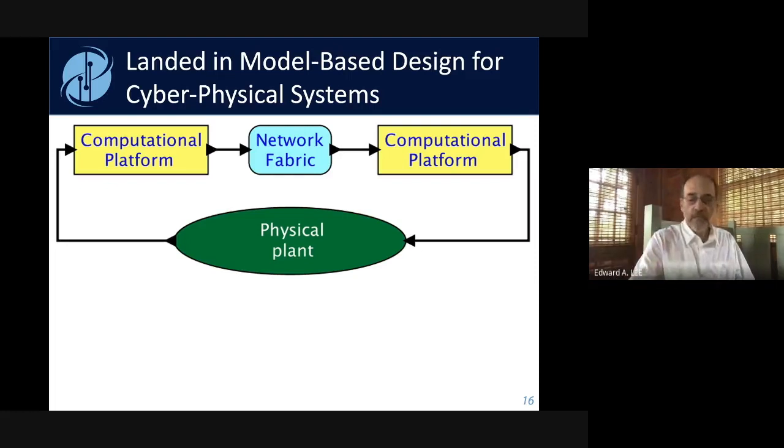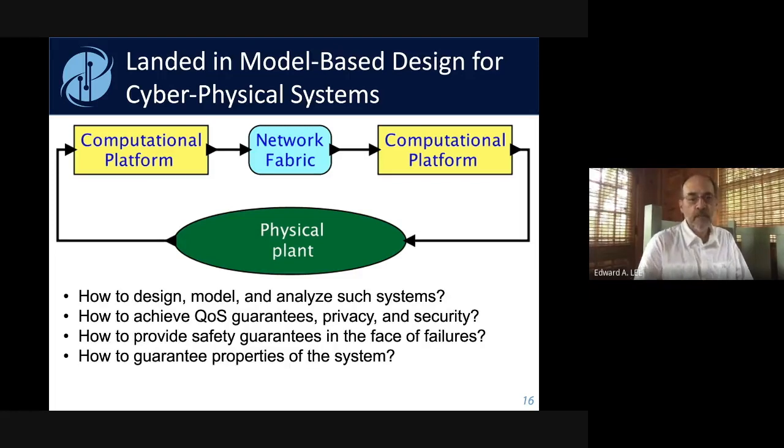And so this question of cyber physical systems became very much the focus of the project and continues to be. So the real research questions are, how do you design, model, and analyze such systems? How do you achieve quality of service guarantees? How do you provide safety guarantees in the face of failures? And how do you guarantee properties of the system?